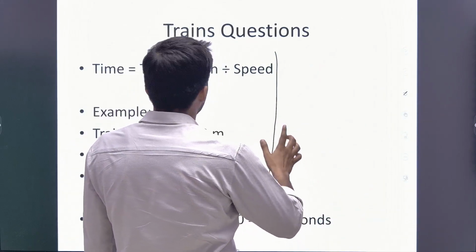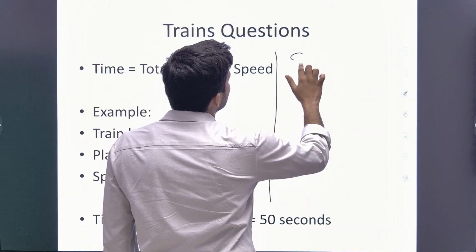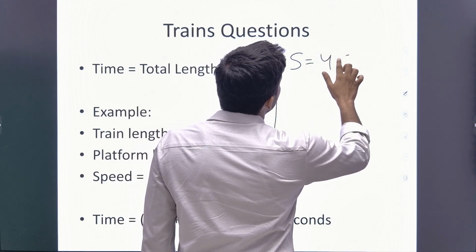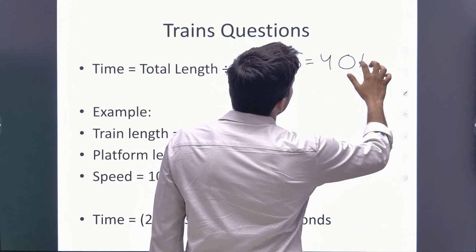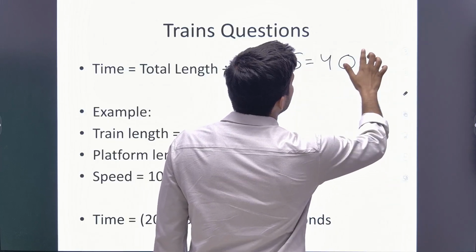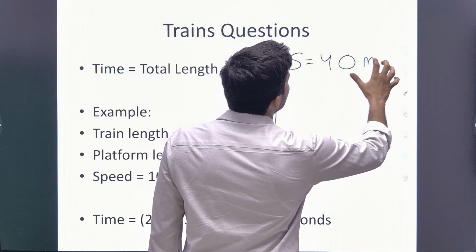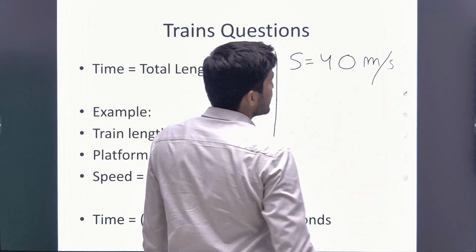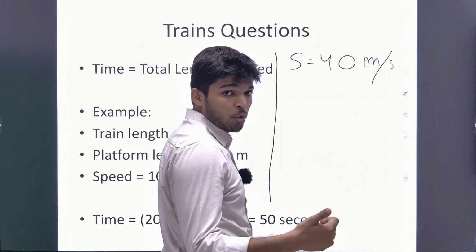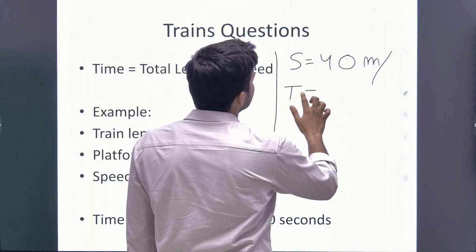There is a train whose speed is 40 meters per second, and it crosses a pole in 4 seconds.